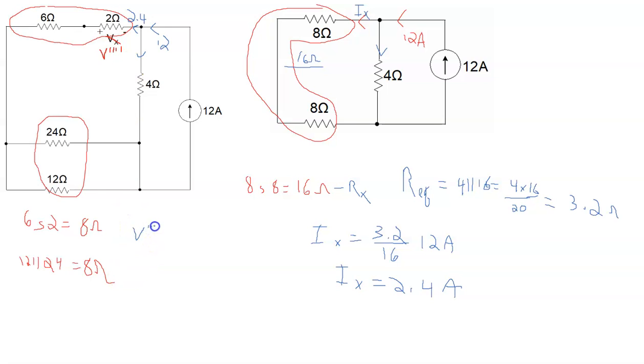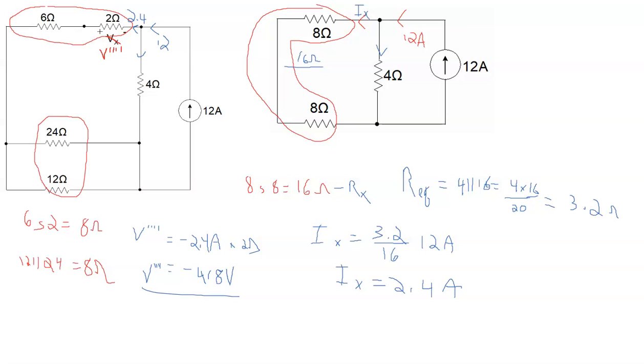And so V4 prime then is equal to, now again, the polarity on our V4 prime here is contrary to the direction of that current, so it's going to be negative, and it's going to be 2.4 amps multiplied by 2 ohms, and that gives us negative 4.8 volts for V4 prime.